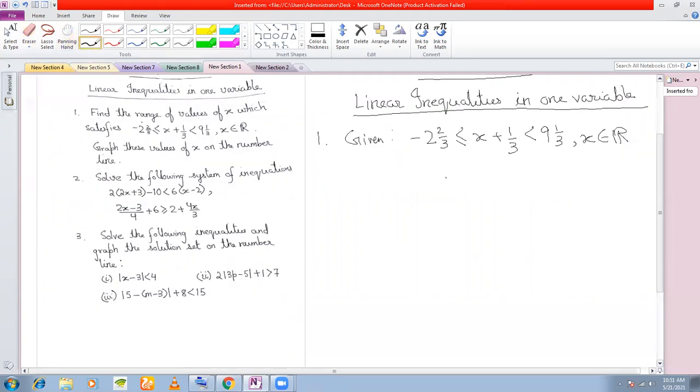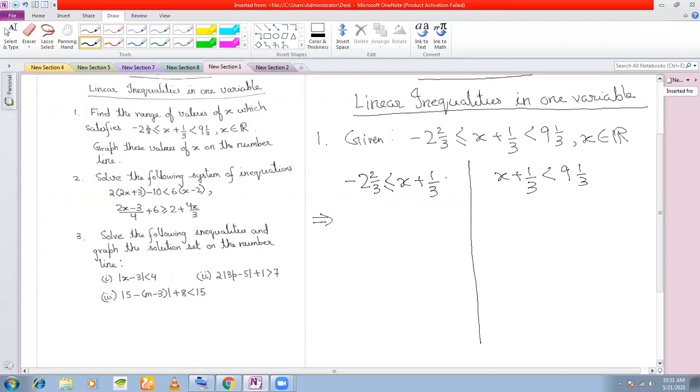Here we are going to split this inequality into two as we used to do. You have minus 2 2/3 less than or equal to x plus 1/3, and x plus 1/3 less than 9 1/3.